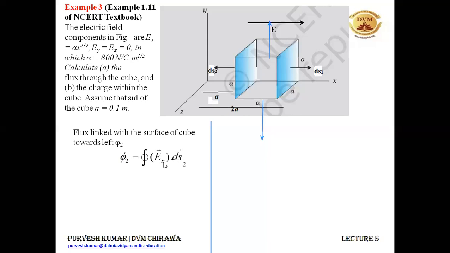And when you expand the dot product, you will get Ex ds2 cos theta. And in place of Ex, you can easily write alpha x to the power half. This Ex is what? Alpha x to the power half.